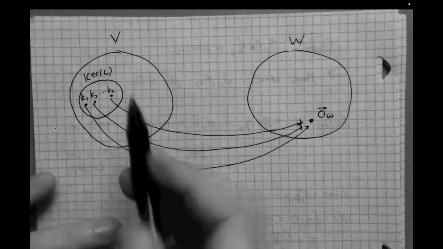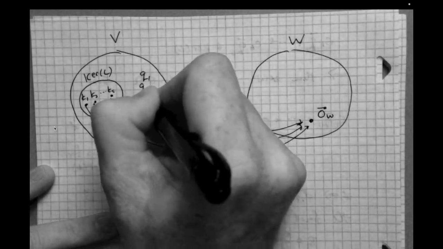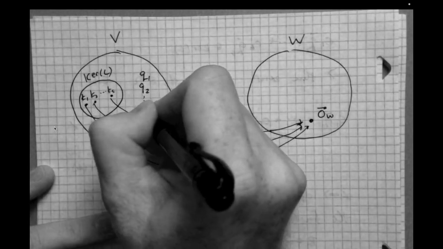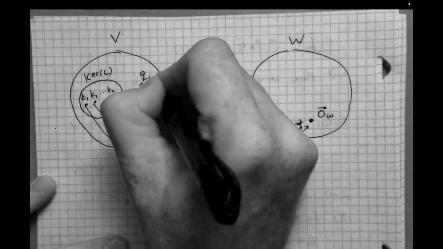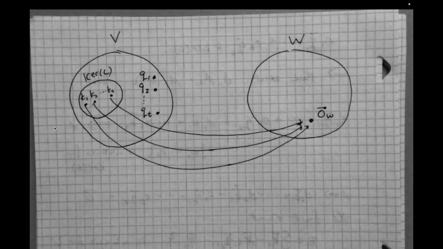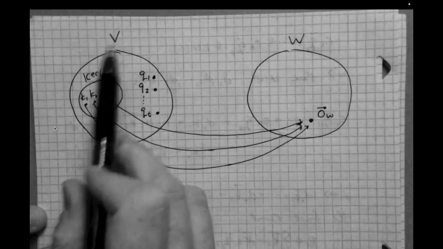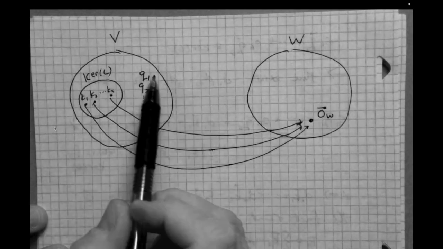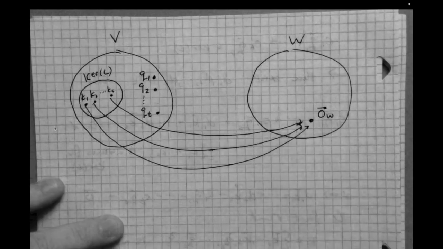Now similarly, inside of V, you've got other vectors, Q1, Q2, dot, dot, dot, QT, and here we stick with the notation from the previous proof. Together, K1 through KS and Q1 through QT form a basis for V. But these all map to non-zero vectors.